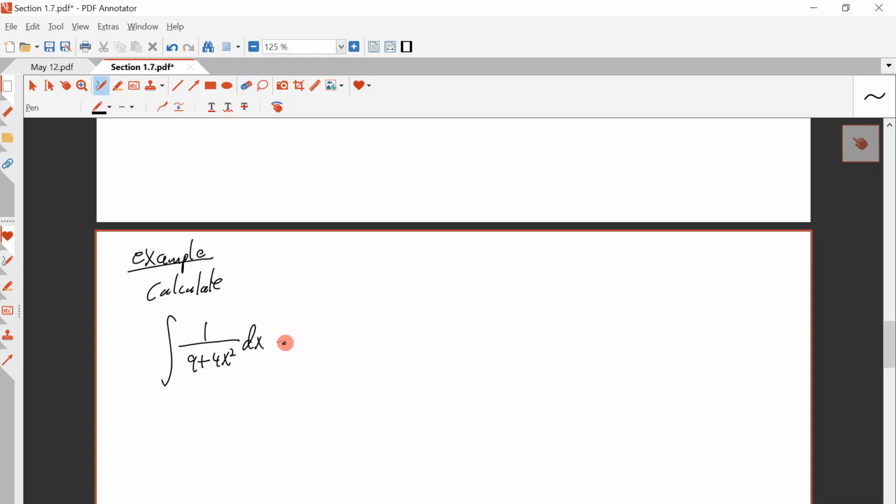So what we do is we factor out the 9 on the bottom. So we do 9, and then this becomes 1 plus 4x squared over 9, or 4 ninths x squared.